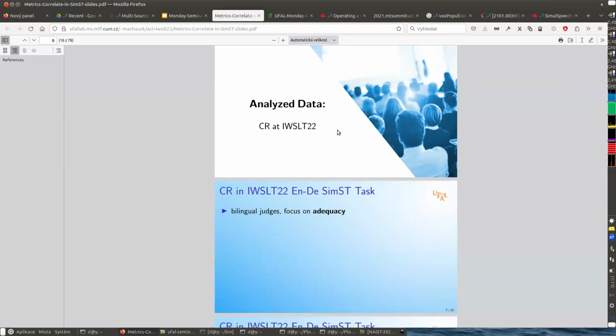We also found the most correlating metric setup, which is COMET. And we also found the most correlating way to align the candidate to the reference.